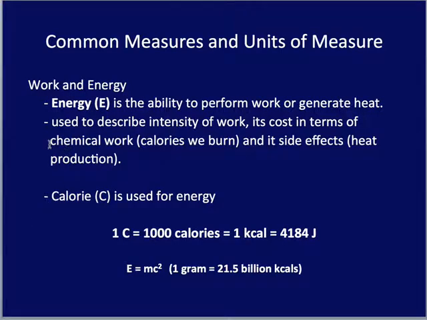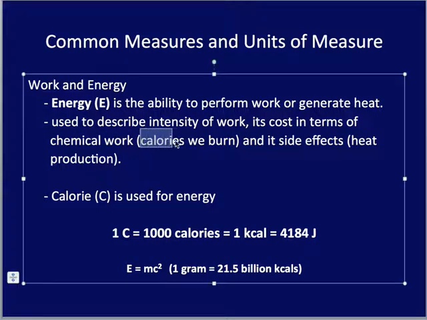And when we look at it in nutrition and also in exercise, we look at calories that we burn. All right, and a small c calorie that we see here is not the same as what we see on the side of a milk carton or a cereal box or a bag of potato chips. This is 1,000th of one of those calories.